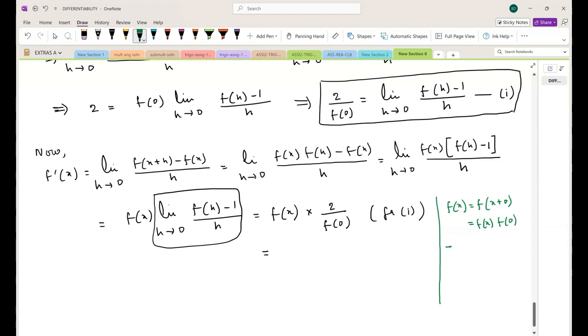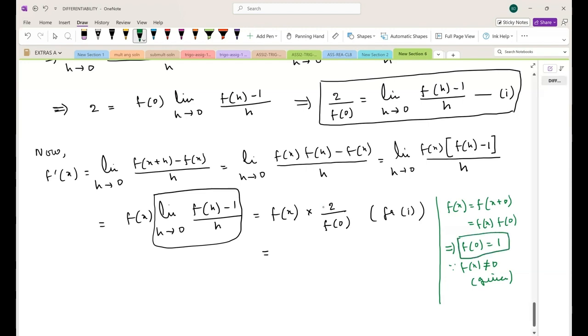So from here we can write that f0 equal to 1. Why? That is, you are dividing both sides by fx. Since fx not equal to 0, it is given. That is why we could cancel fx from both sides. Cancel means you are dividing. So the value of f0 is 1.